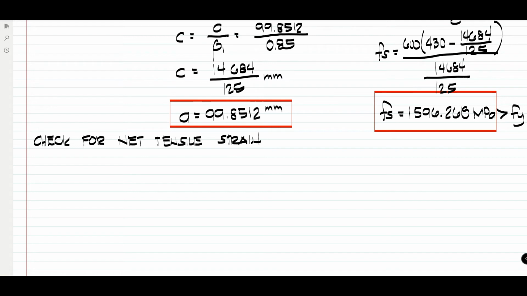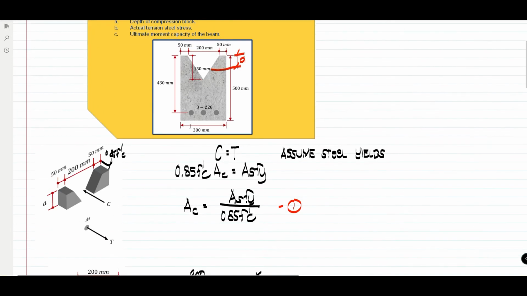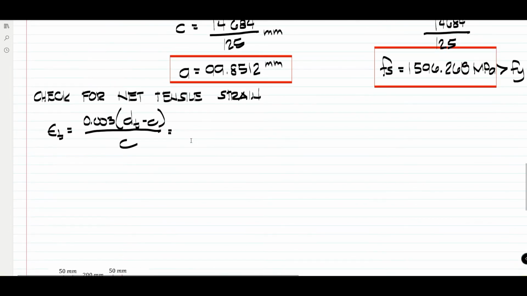So, to check the net tensile strain, we will have epsilon sub t is equal to 0.003 dt minus c over c. So, yung dt natin at saka yung d equal lang kasi single layer lang yan. So, our dt and d is equal.